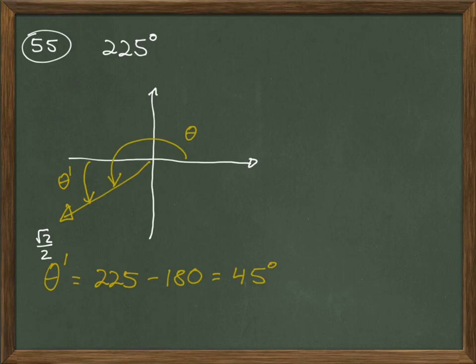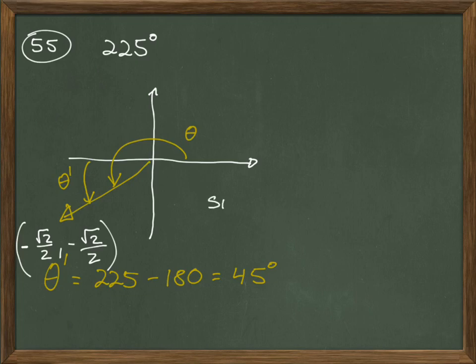But since we are in quadrant 3, we have a negative x value and we have the same negative y value. So the ordered pair in quadrant 3 for the reference angle 45 degrees, or theta 225, is negative square root of 2 over 2, comma negative square root of 2 over 2.